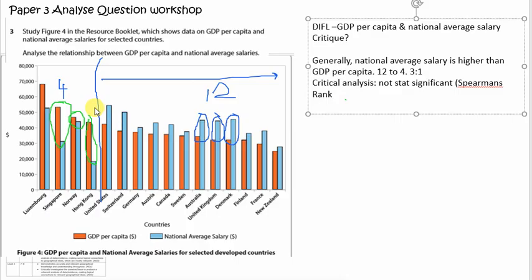Again, it links to winners and losers of globalization. Maybe TNCs have increased profits and not put wages up. So winners and losers from globalization.